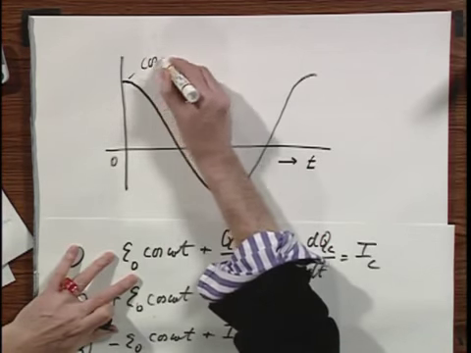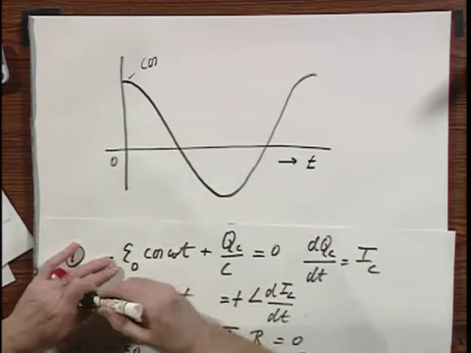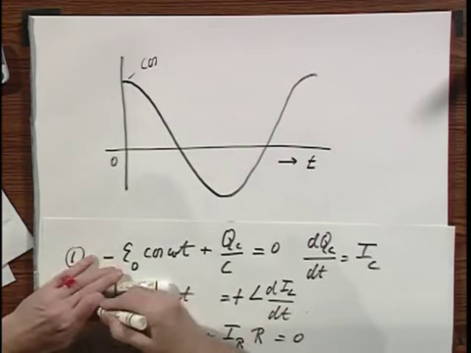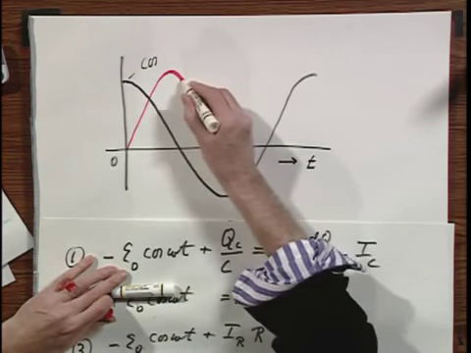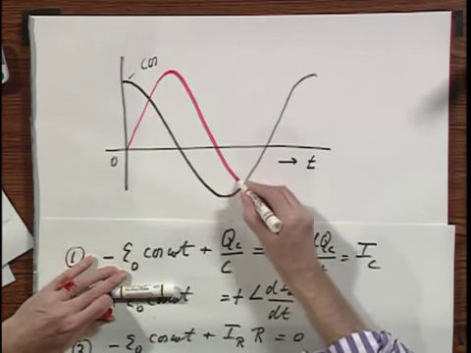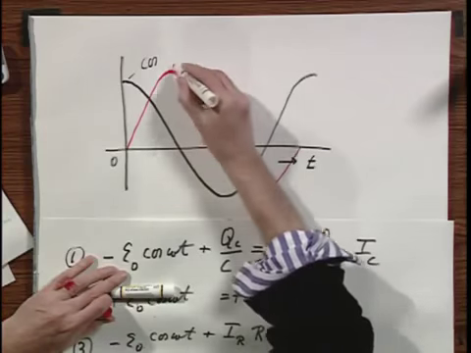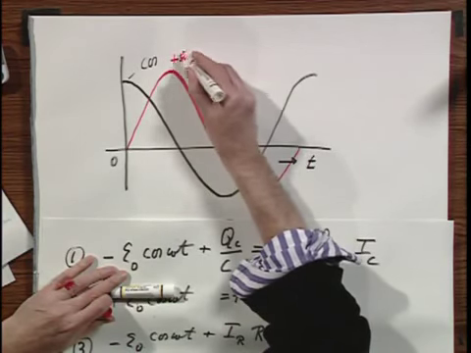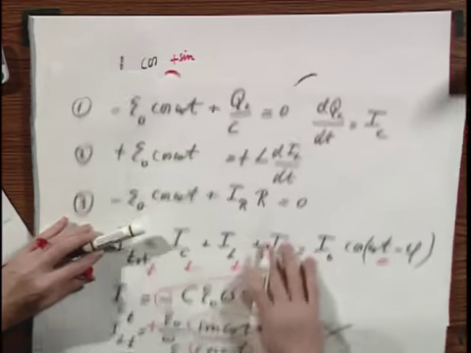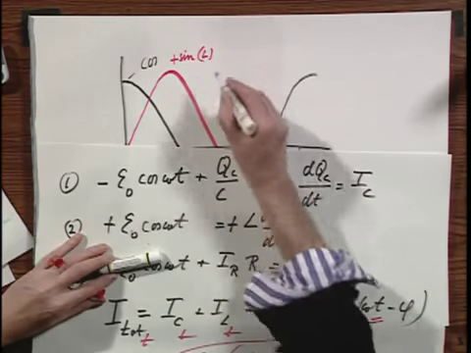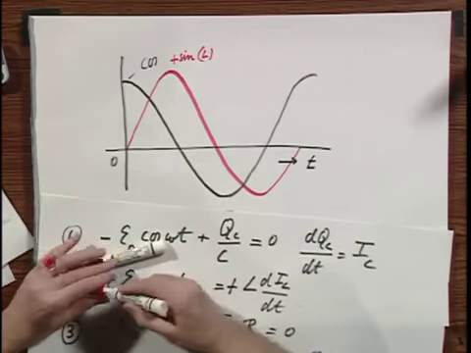So this is the driving voltage, a cosine term. And if I draw here a sine term, so this is the plus sine term, and the plus sine term holds for the self-inductor, so I put a self-inductor here, which is my shorthand notation.